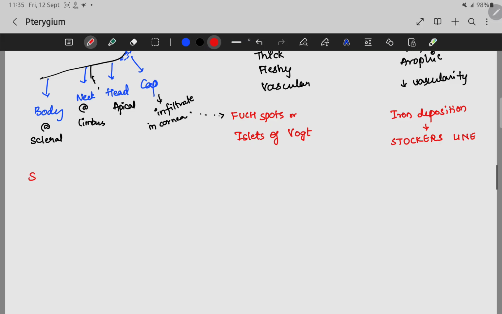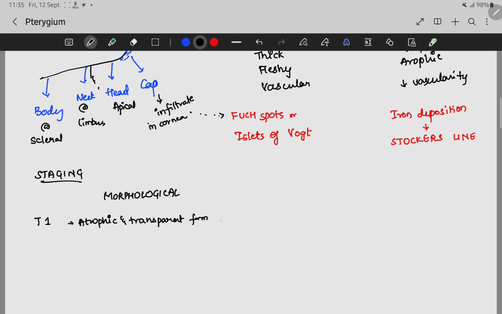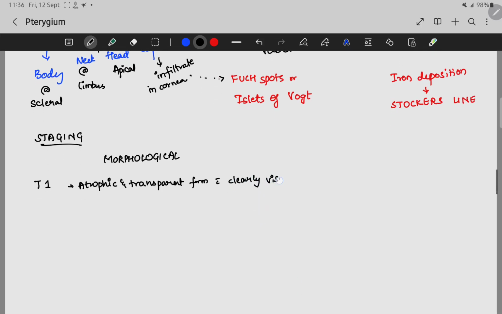Coming to the staging. Staging can be morphological. Morphological type 1 is based on its morphology: it is atrophic and transparent form with clearly visible episcleral vessels.